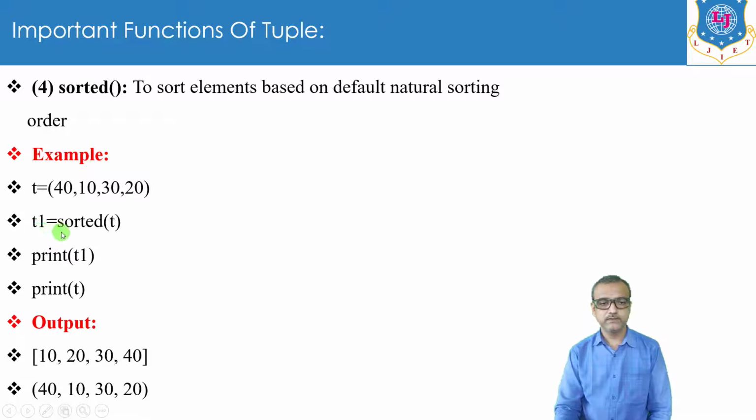Now T1 equals sorted of T. Now print of T1, then after that print of T. So what will be the output? For print of T1 we will have the elements in ascending order, that is 10, 20, 30, 40. Print of T will print all the elements present in tuple T, that is 40, 10, 30, 20.